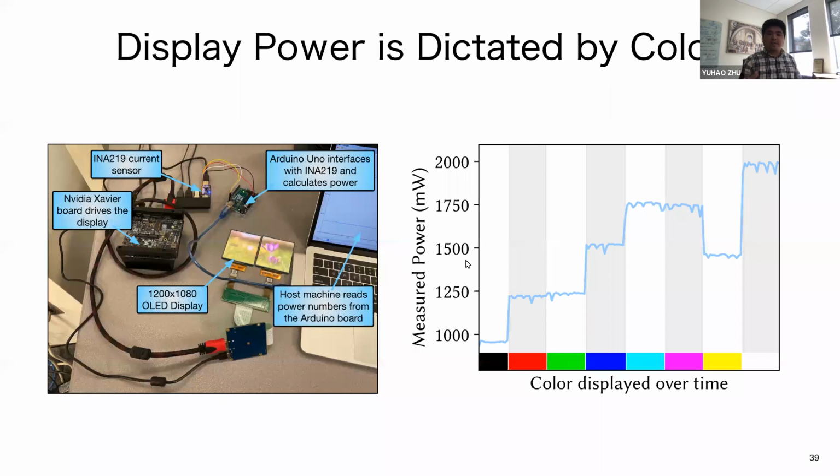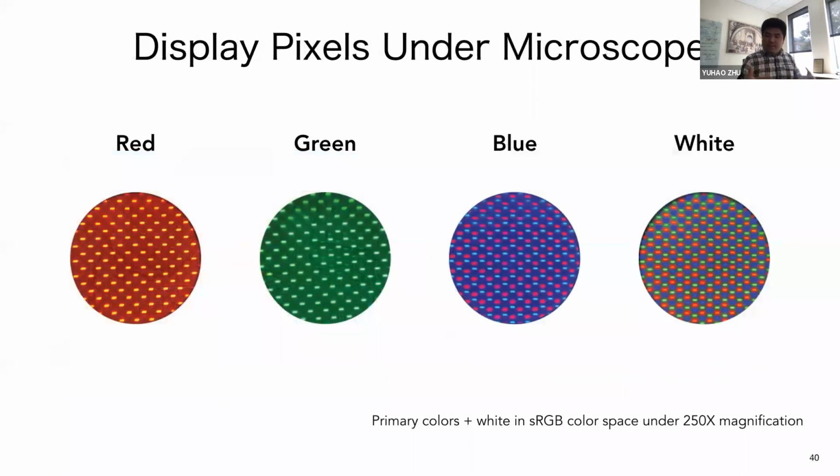At least as far as emissive displays like OLED, which is almost everywhere, the power consumption is dictated by color. The reason is that for emissive displays, the color is dictated by the amount of light each subpixel emits. If you want to emit more light, then you have to use higher current, which increases power consumption.